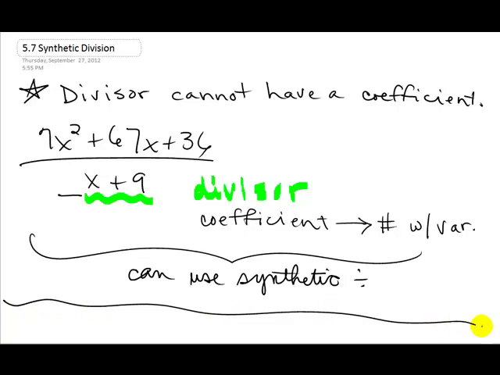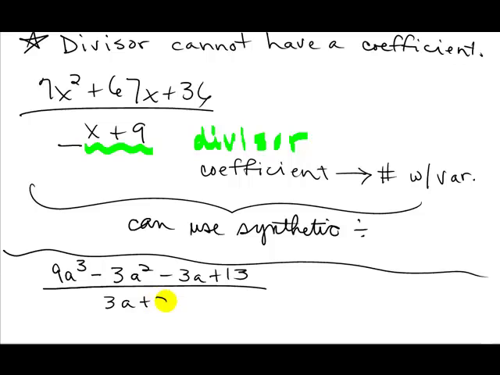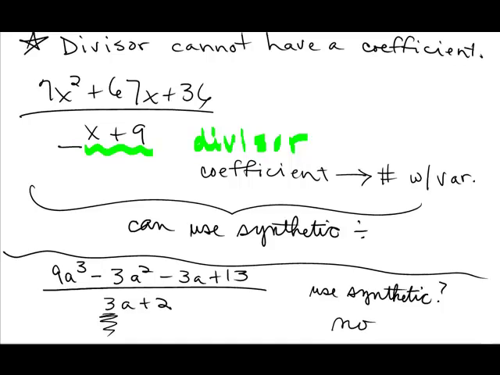Okay, let's look at another problem that we did in the last lesson. And so we want to know, can we use synthetic? Well, we've got two terms in our divisor, but we've got a coefficient there, so no, this one cannot.